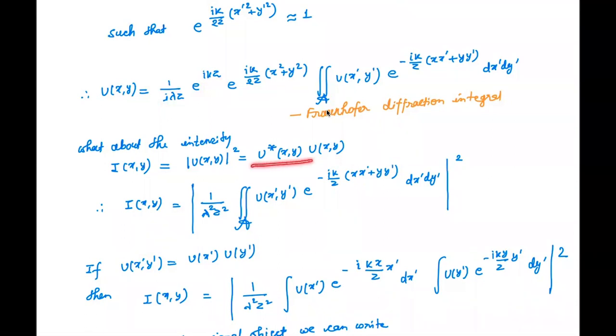So if you take u star u, the mod square, these terms will actually go away. So in the intensity expression, this term will not show up. So intensity at the observation plane is 1 over lambda square z square, and then this integral u x prime y prime, e to the i k by z x prime y prime dx prime dy prime.